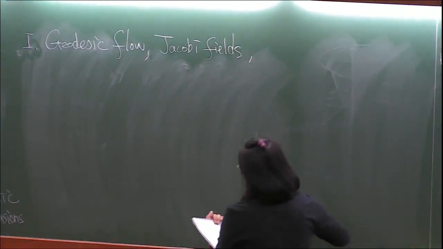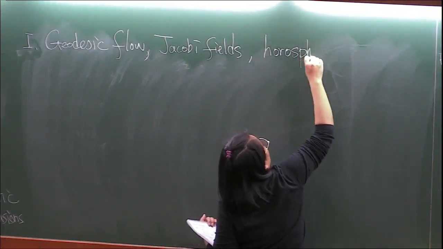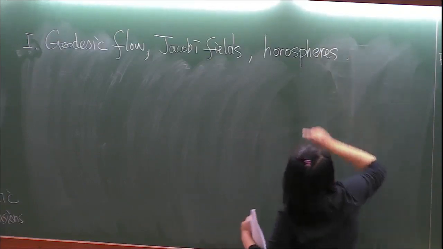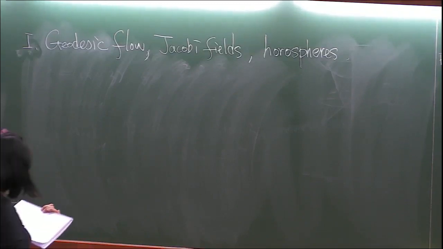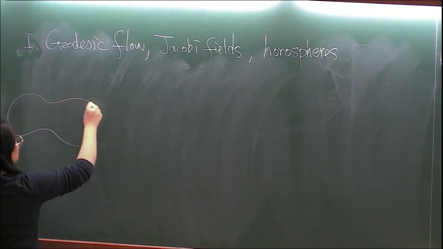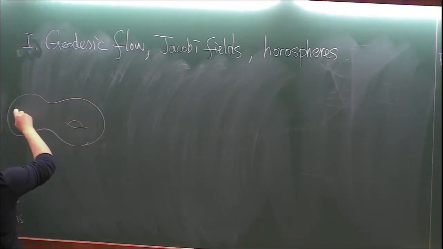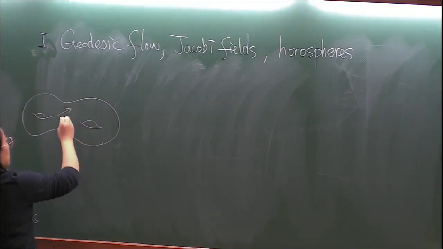And we will have horospheres, which are related to the foliations we will discuss in the lectures. Okay? So what is that? We can draw a picture. We always have this picture in mind. And what is the geodesic flow? It's on the unit tangent bundle.